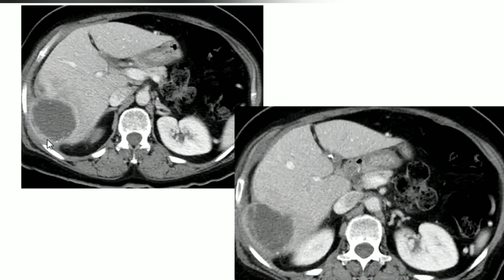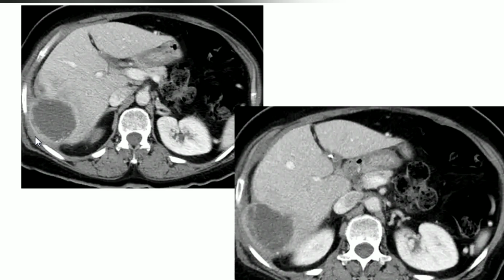It's rounded, enhancing. I don't see frank nodules or any frank suspicious solid component within the lesion. It's enhancing almost smoothly, and there is surrounding edema here. This lesion is perihepatic with subcapsular extension.